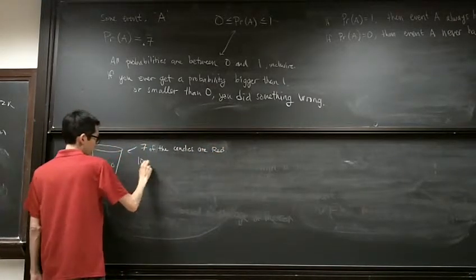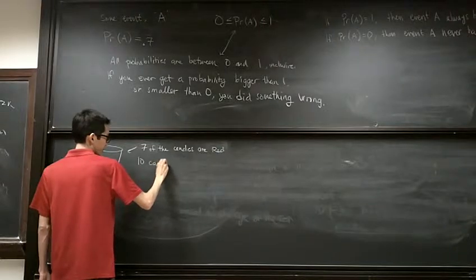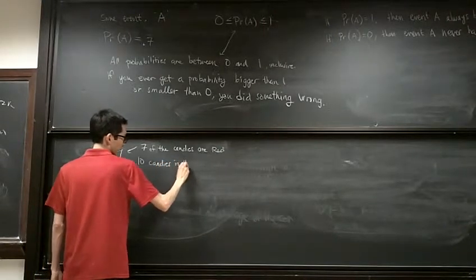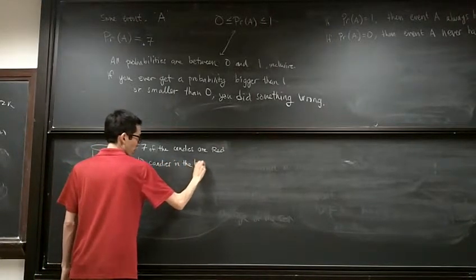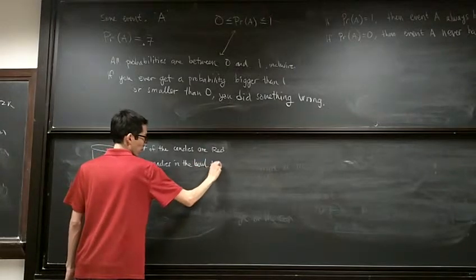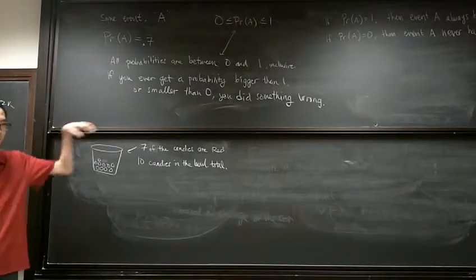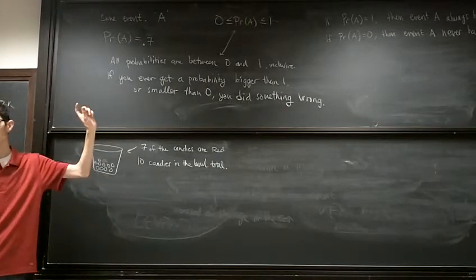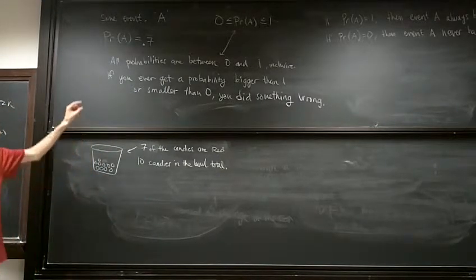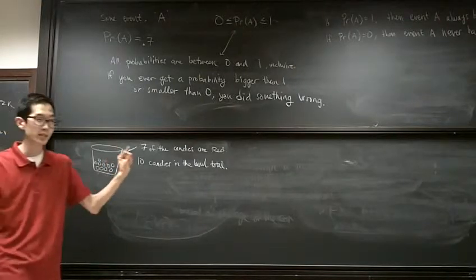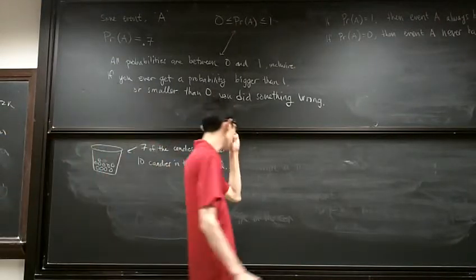Okay? 10 candies total. If I shake up the bowl, close my eyes, reach in there and grab one of the candies, the probability that I draw a red candy is 0.7.